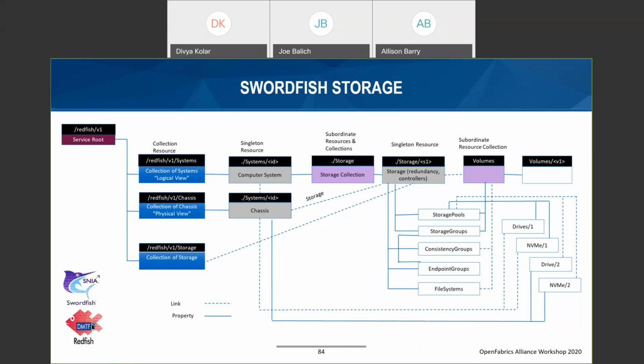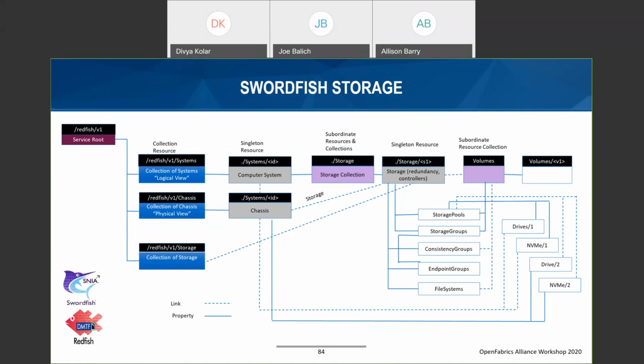The BMCs are not shown on this diagram. So let's start from the system. Within systems, we have a computer system, and there can be an ID for that system. This is just an example, so we don't have specific IDs here. The computer system has got a storage collection, and we have a storage S1 within that collection. And we can see that there are complex storage constructs like storage pools, storage groups, consistency groups, endpoints, etc.